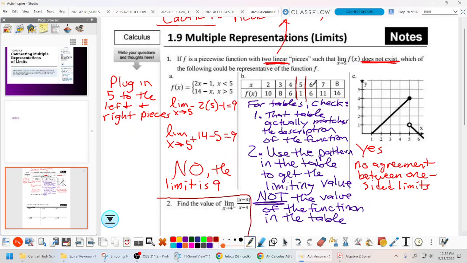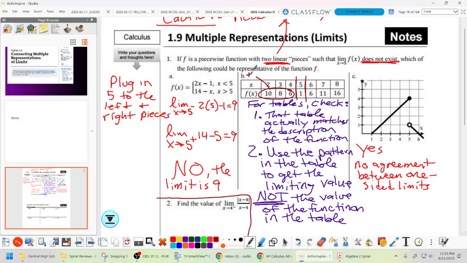And then 8, 7, 6, actually let's go backwards. 8, 7, 6, that's by 1, and this is down by 5 each time. Yes, so it is linear. And then part 2, use the pattern to get the limit, not the value. So you kind of want to look at this and say the limit is 1. But the pattern wouldn't suggest that. Here's what I mean.